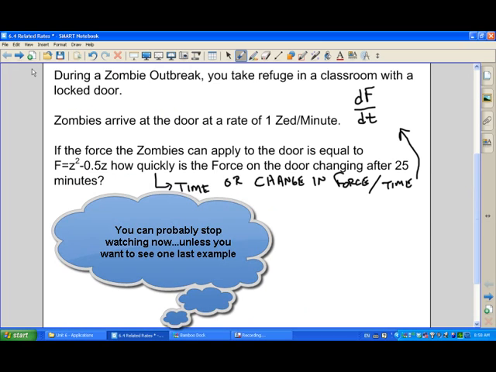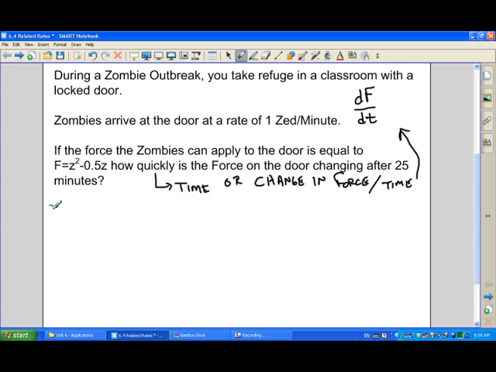So let's just go back to our initial problem just to answer this. I'm not really going to draw, well, I guess I could draw a diagram. There's the door. There's the zombies arriving at the door. And they're arriving at the door at a rate of dz by dt.